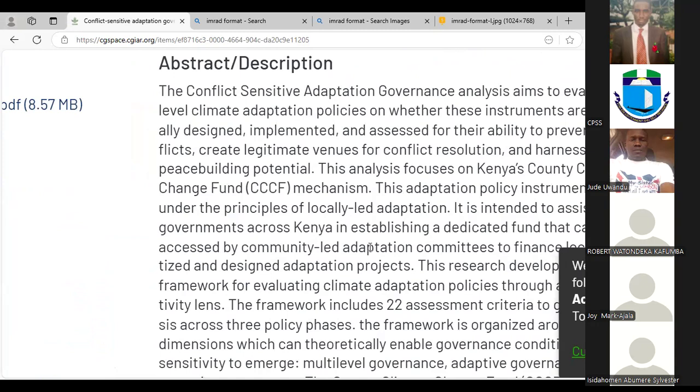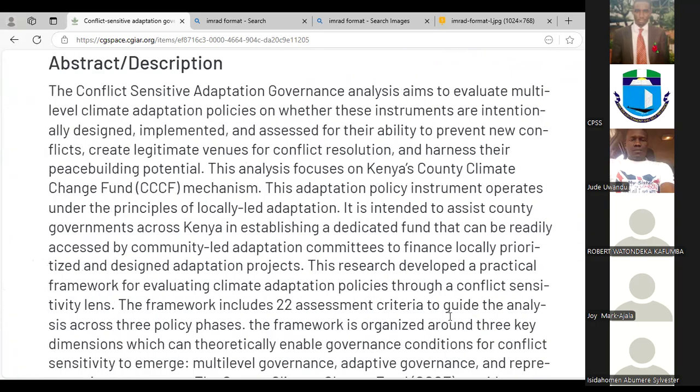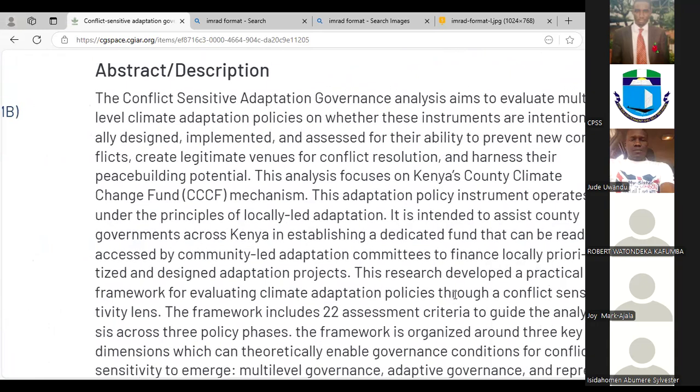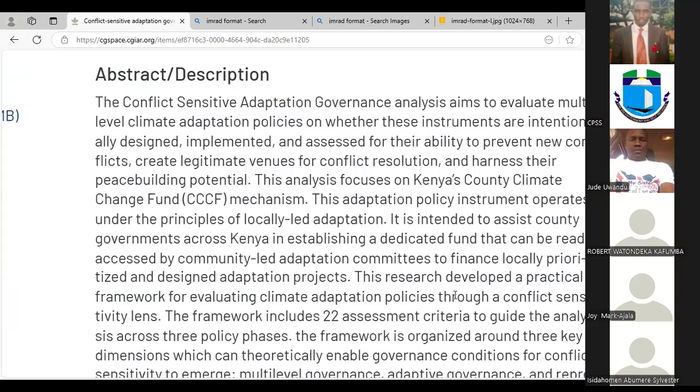Look at this article, for example. Get rid of this part for me, so you can see it, or you read it. Okay, so I want you guys to look at this very sensitive. The conflict sensitive adaptation governance analysis aims to evaluate whether these instruments are... These analyses focus on Kenya's... see the background.